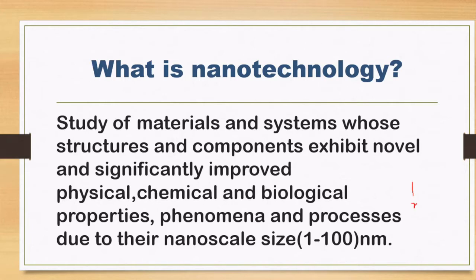X, Y, and Z. To be called a nanomaterial, one of these three dimensions should be in the nanoscale, or one of these three dimensions should be in between 1 to 100 nanometers. Okay.